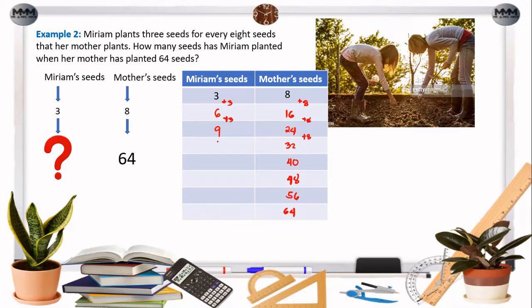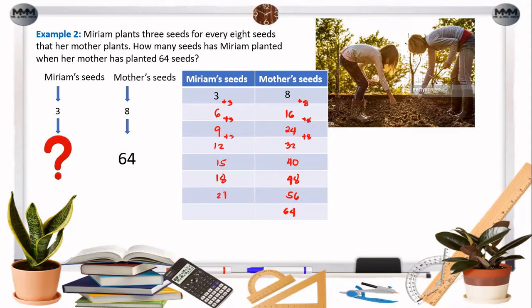Since we know that the entries in this column are multiples of 3, or we just add 3 from the previous entry to get the next entry. So we add 3, we get 12. Okay, we add 3 to 12, we get 15. Next entry is 18.